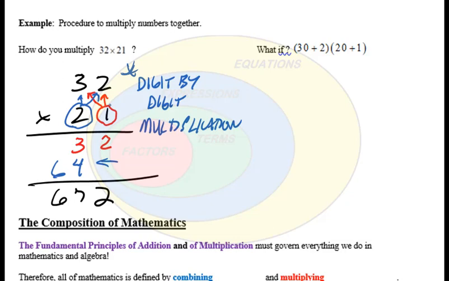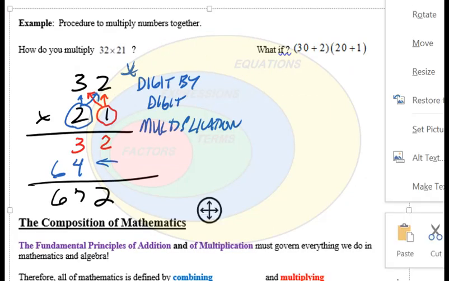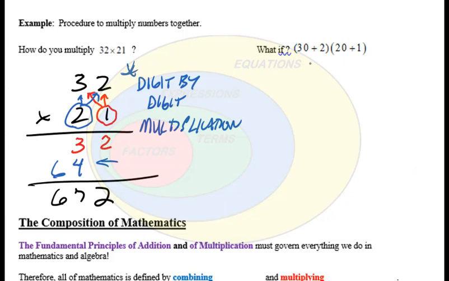But why do we do that? It's easier to think about this when you have the expanded form of these numbers. So 32 is 30 plus 2. If you think about each of the digits representing a number, the first one was this 1, which is a ones place.